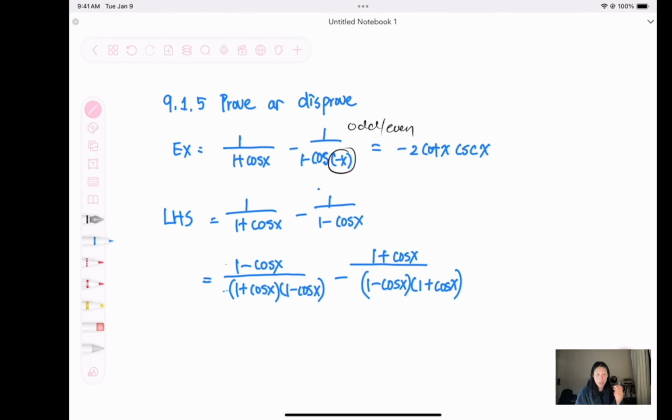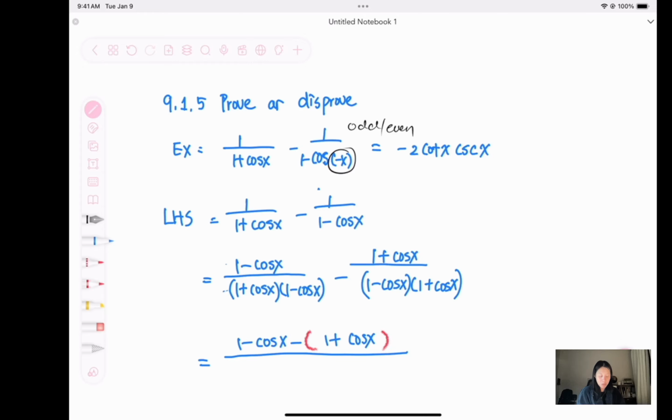Now, they have the common denominator. Now, we can merge the terms. When you merge it, be careful. Put the parentheses for the second numerator. So when you remove the parentheses, you remember that the sign needs to be changed.